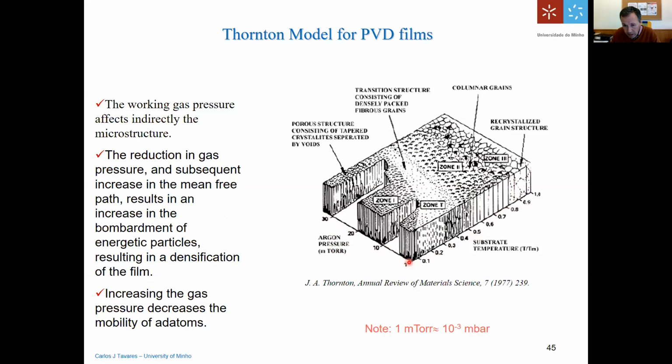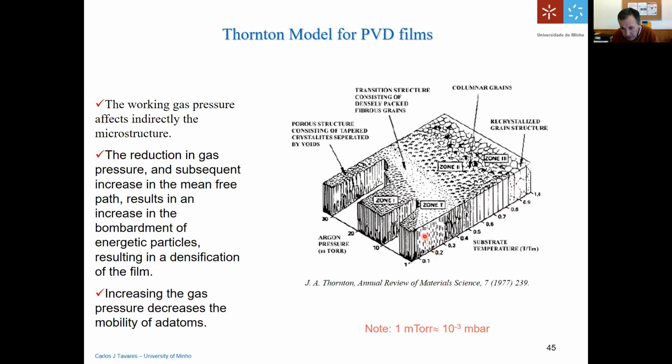Imagine that you're using, for example, 4 torr as the pressure of argon, as a working gas, and you're using a low deposition temperature, so that the ratio between the temperature of deposition and the target melting temperature is 0.2.